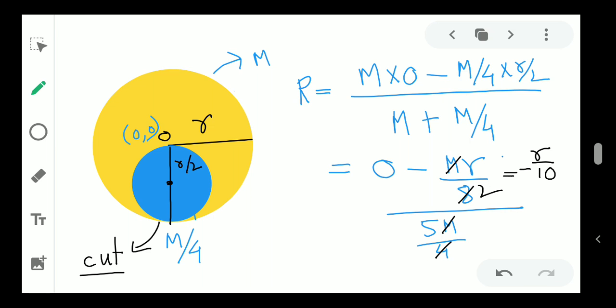Now why minus? Minus means it will be in the opposite position, like it will not be in this location but in the opposite location.